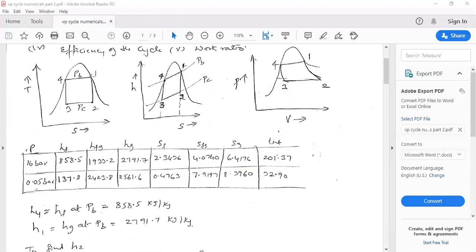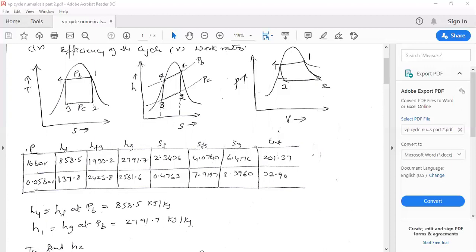H1 is the point lying on the dry saturated line for boiler pressure, so H1 is Hg at boiler pressure. So go to 16 bar pressure. At 16 bar pressure, the Hg value is 2791.7. This Hg at Pb, 2791.7, is your H1 point.